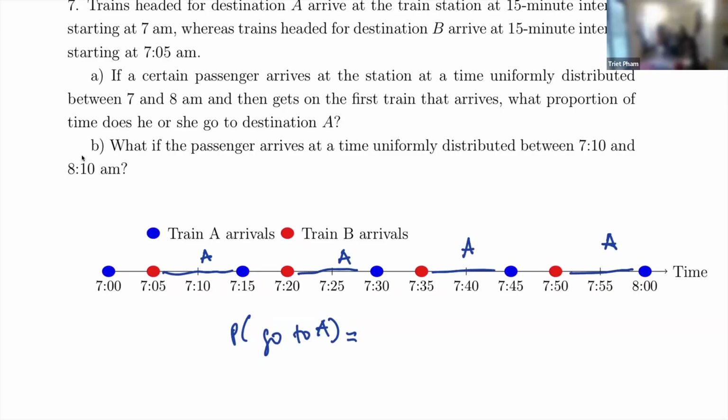In terms of the uniform distribution, it's the proportion of time the person arrives around these intervals divided by the total length of time, which is 60.